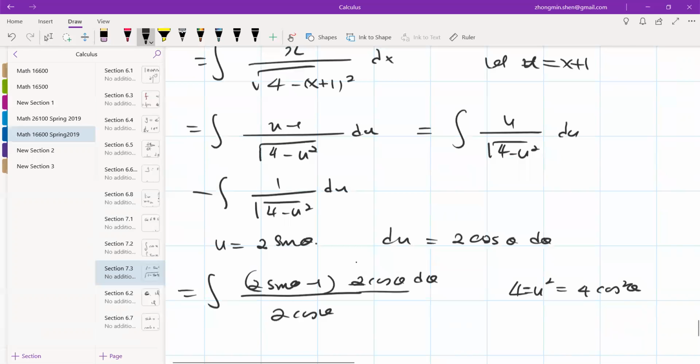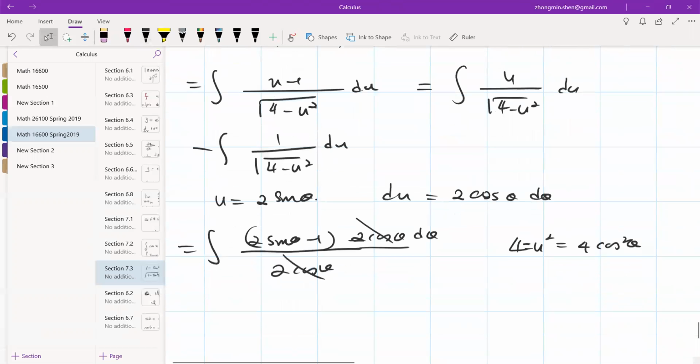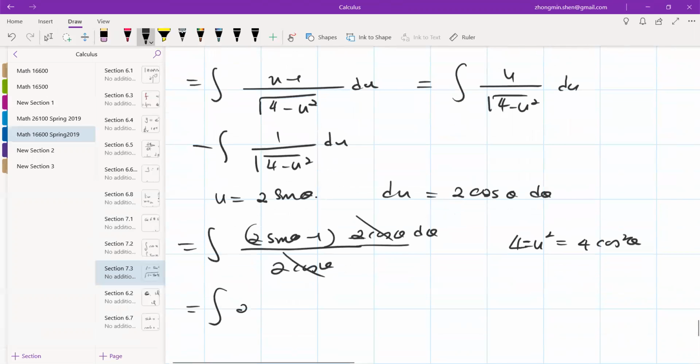Okay, so you take it out, and the 2s cancel out, and you get a pretty simple integral.